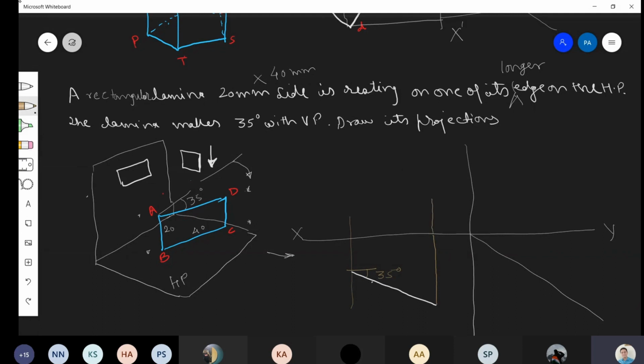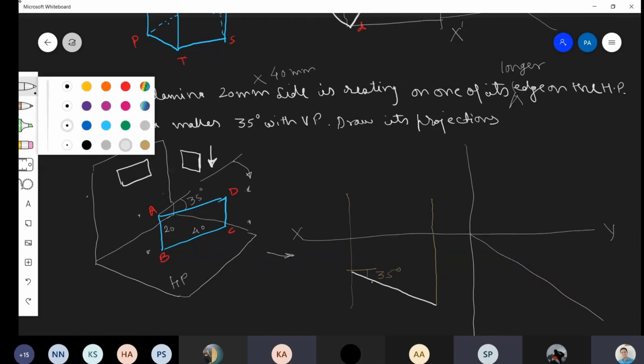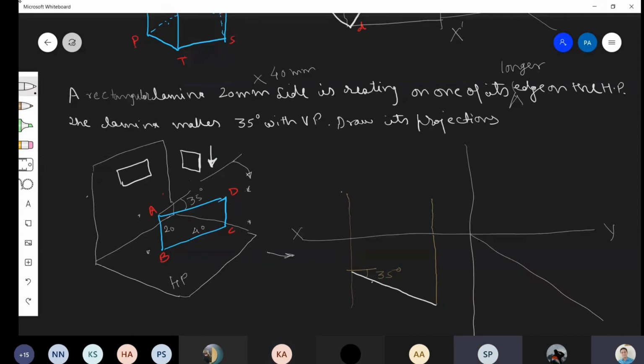Is the plane resting on HP? Yes, sir. So where will you get the front view? How much distance away from HP? 0. So you will get the front view, which will start right from here, like this.